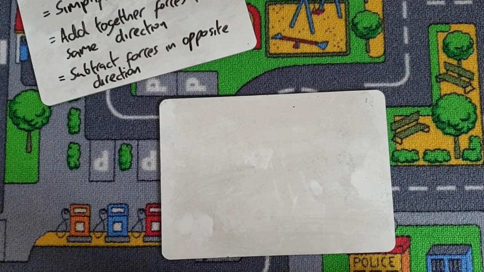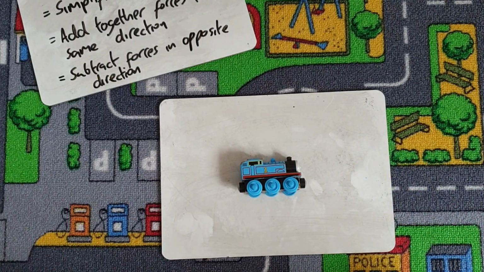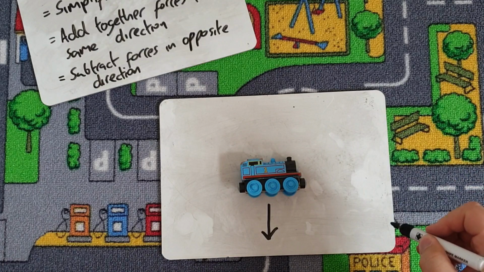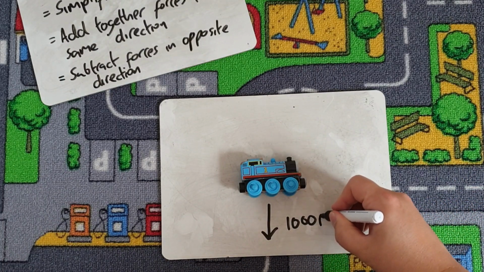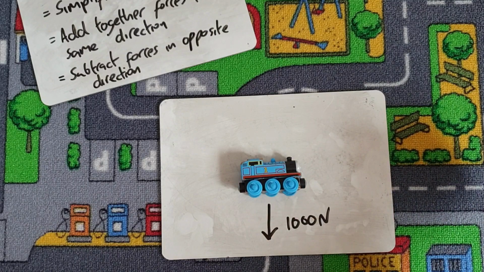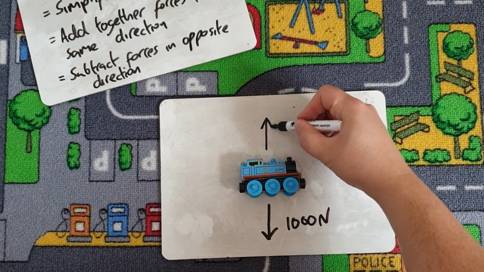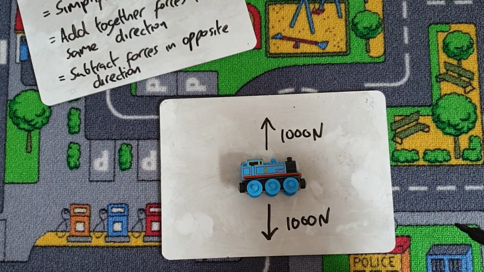So as an example, I've got a train. If we're going to draw the forces on the train, we're going to have the weight of the train going downwards. Let's say that is 1,000 newtons. We've got the force from the ground pushing the train up. We'll say that is 1,000 newtons.